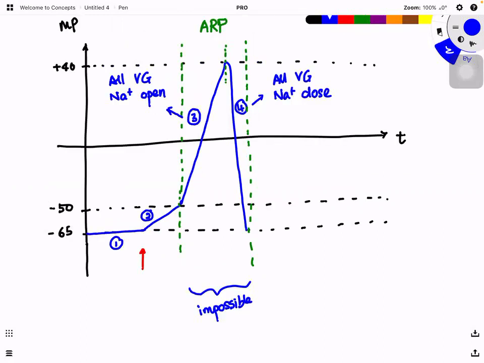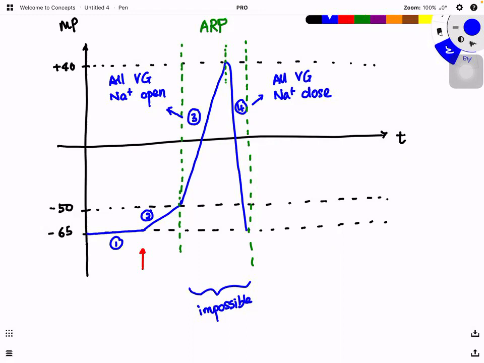No matter how strong the stimulus is, it is impossible to generate an action potential. Phase 3 and phase 4 mean the neuron is under the absolute refractory period.